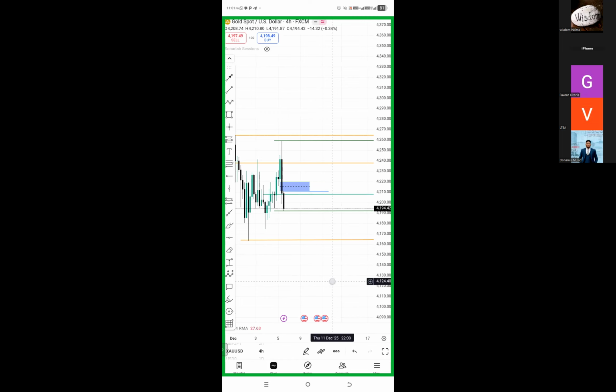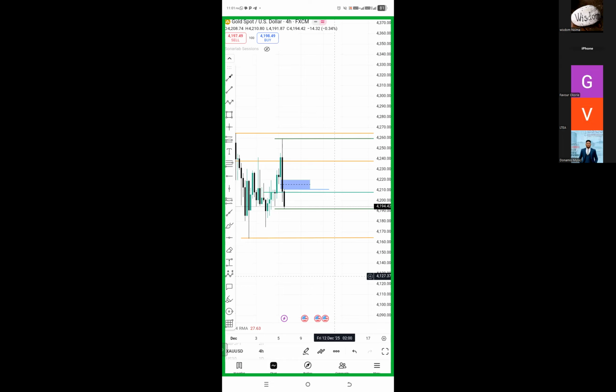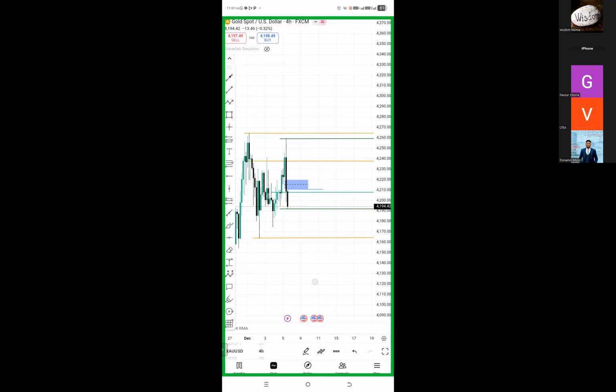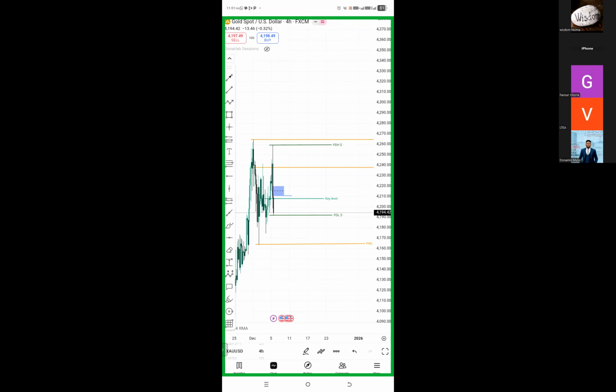That yellow line. Before the previous week high, the second yellow line, what is that? That one, the level on the week? Yes, those are points of interest for me.